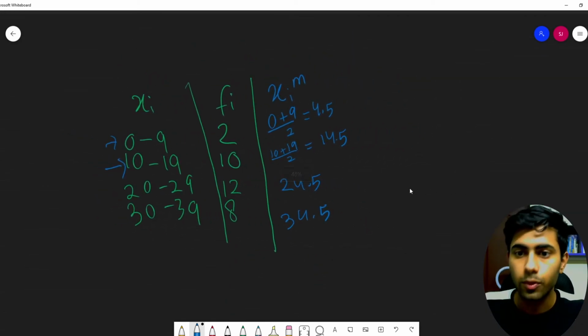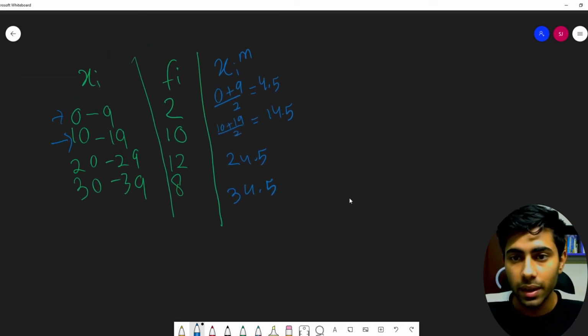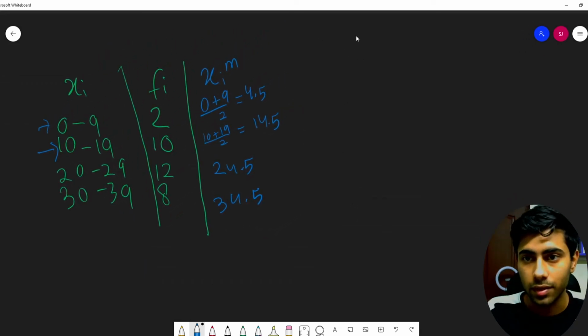Now what I have to do is simply use this formula, that is summation of xim multiplied by fi divided by summation of fi.